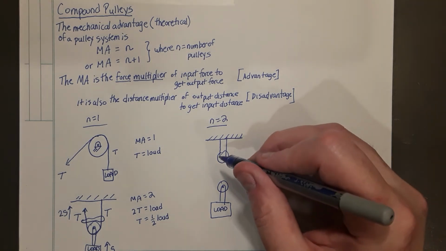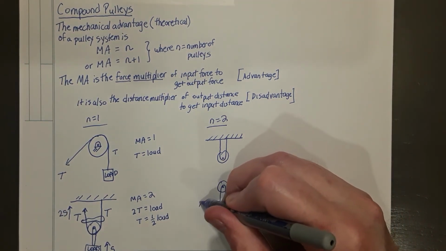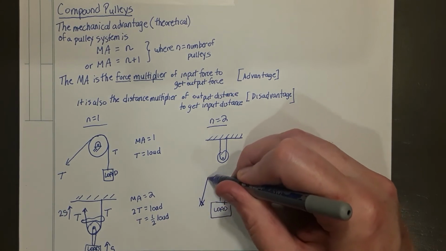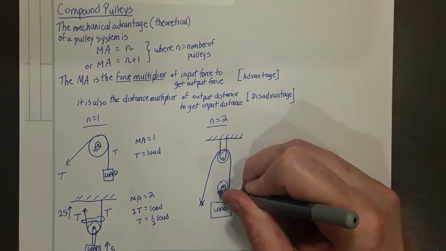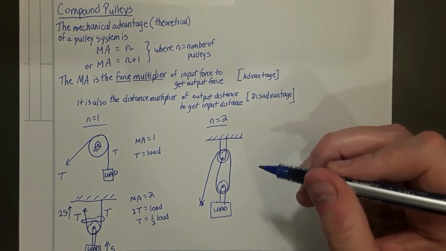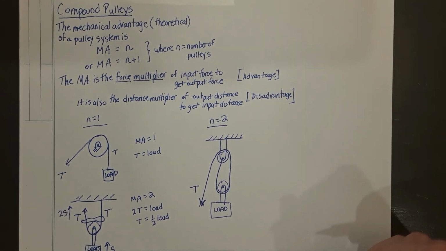So if I run the cable like this, if I pull down from the top pulley, run it around the movable block and back up to the stationary block, I'm pulling down with cable tension T.